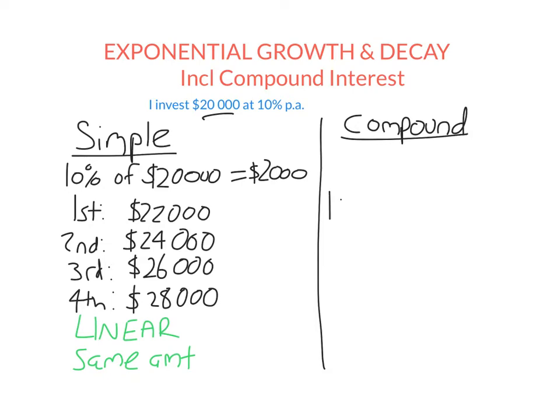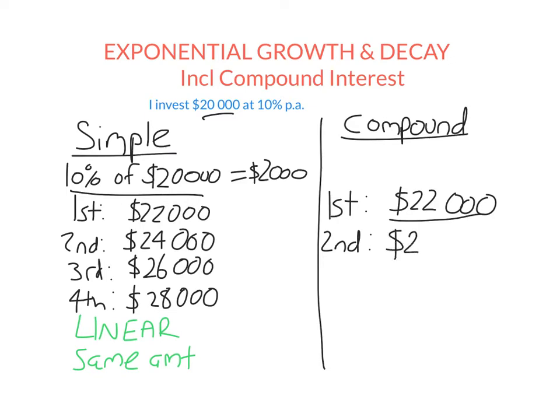So after the first year, with compound interest, you'd still have the same amount, 22,000, right? But after the second year, I wouldn't find 10% of 20,000, I'd find 10% of 22,000. So 10% of 22,000 is 2,200. So at the end of the second year, I have to add on 2,200.